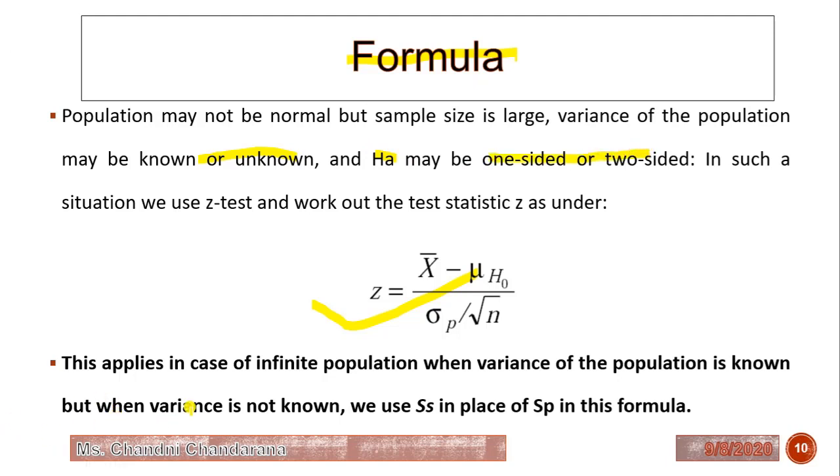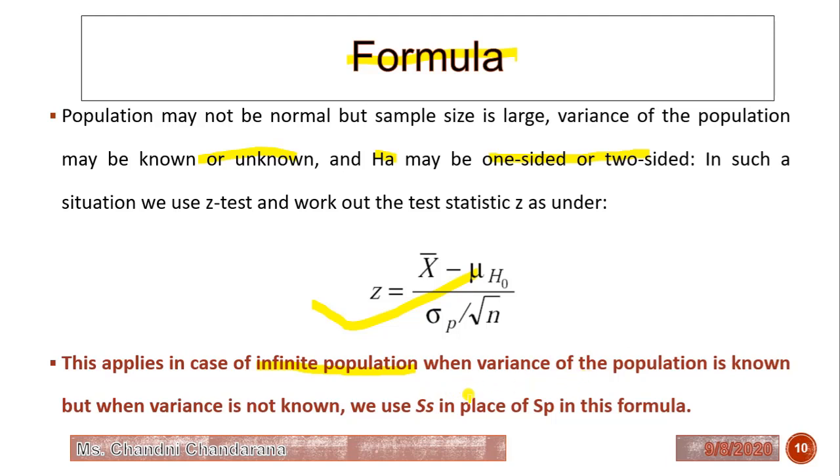In such a situation, we can apply this equation, the equation of Z. This applies in case of an infinite population when the variance of the population is known.